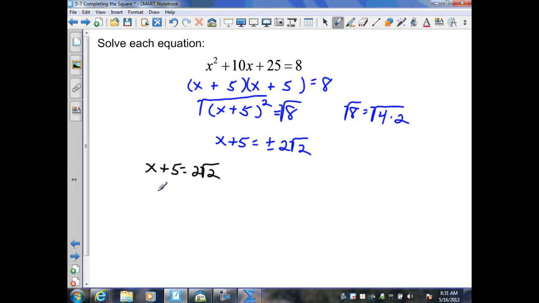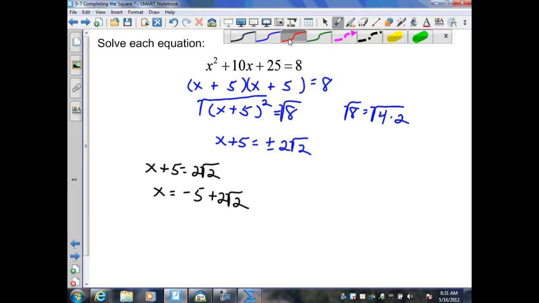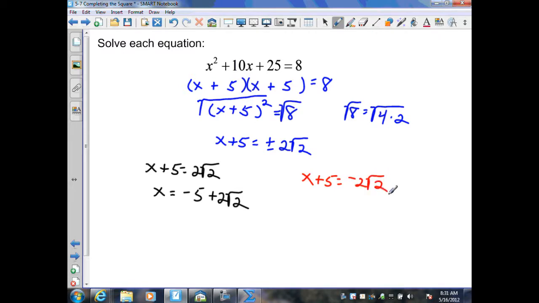I subtract 5 on both sides. x equals a negative 5 plus 2 square roots of 2. And then I can write the other equation. x plus 5 equals a negative 2 square roots of 2. Subtract 5 on both sides. x equals a negative 5 minus 2 square roots of 2. And here are my two solutions.